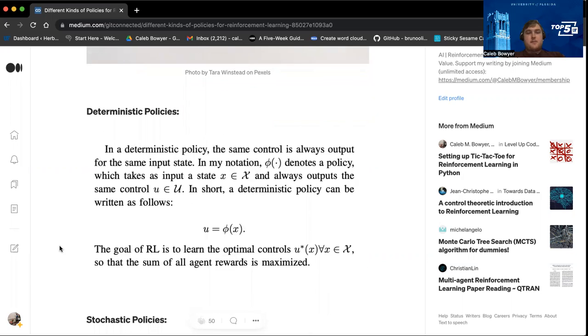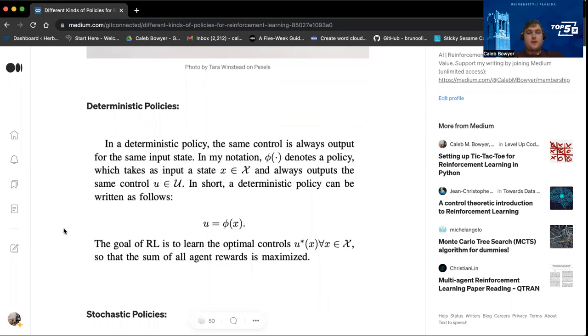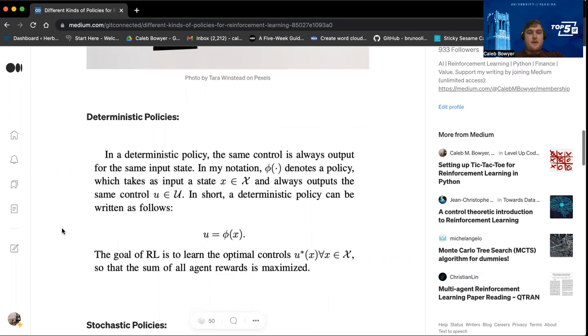In a deterministic policy, the same control is always output for the same input state. So when we're in some state under a deterministic policy, an agent will always output a determined control, one control per state. It's a deterministic mapping from the finite set of states to a finite set of controls.